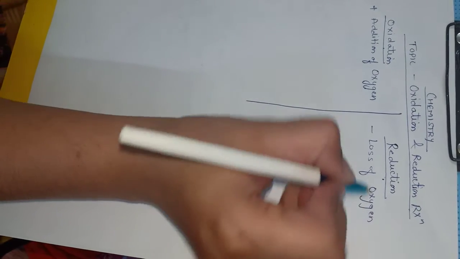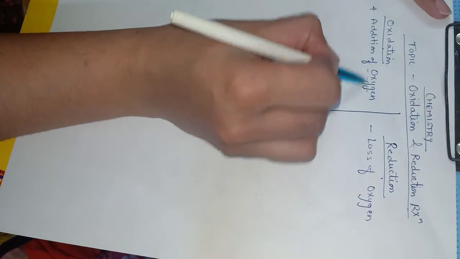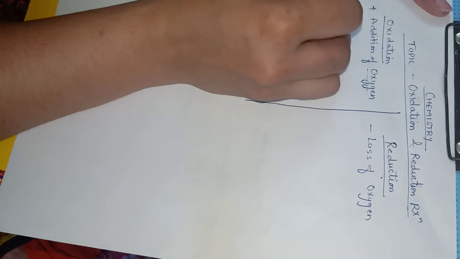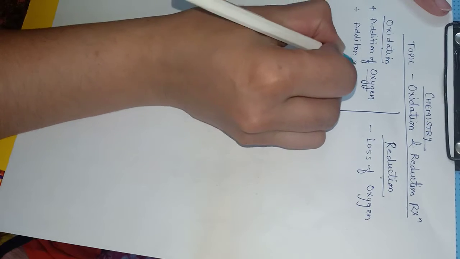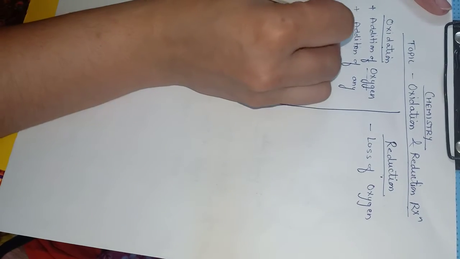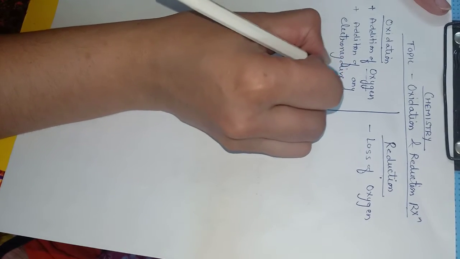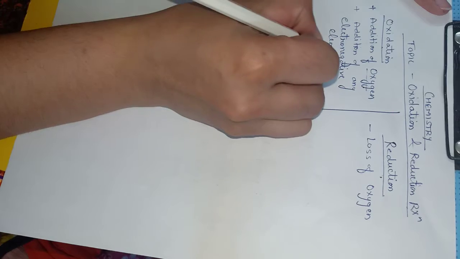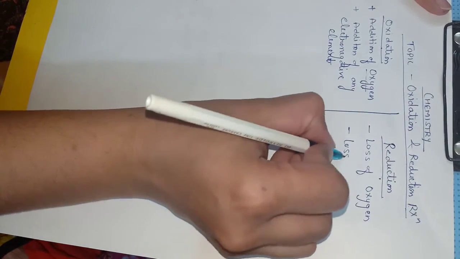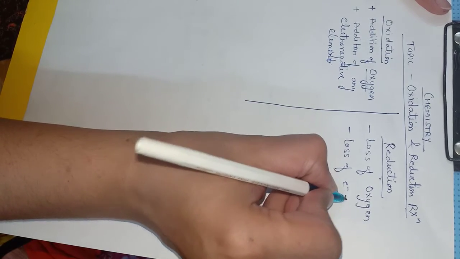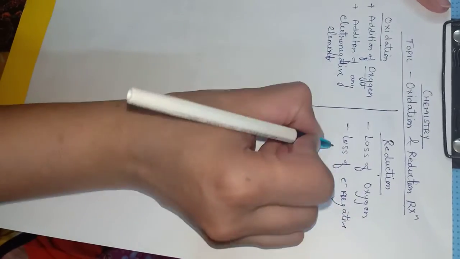Oxygen is an electronegative substance, so we can say oxidation is addition of any electronegative element, and in case of reduction, loss of electronegative element.